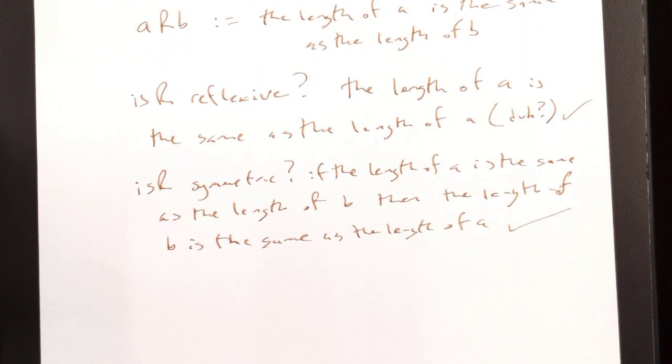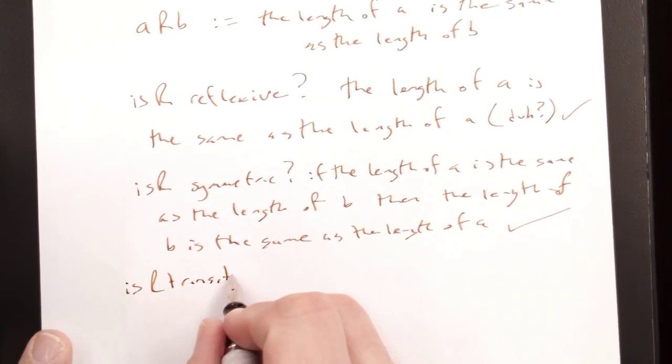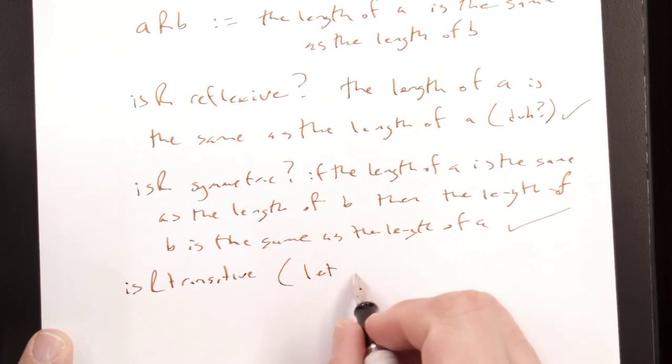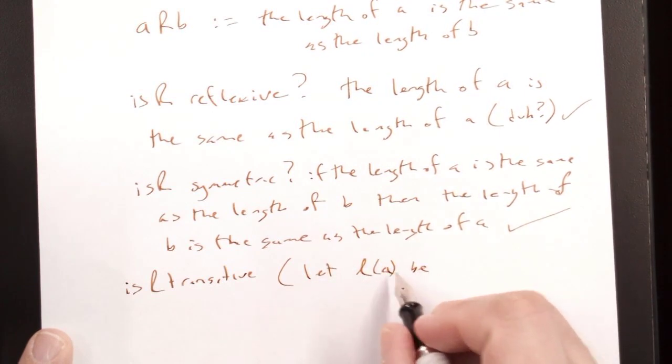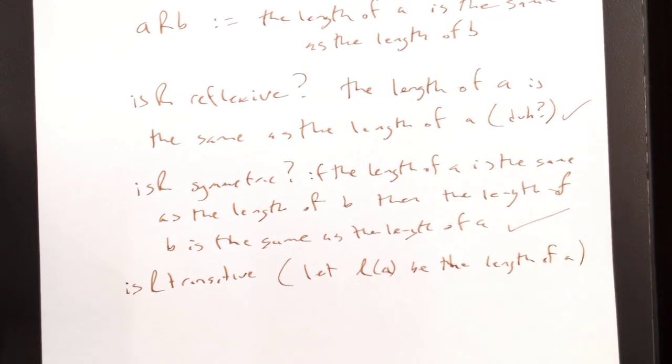Okay. How about transitive? Why? Same exact idea. I'm going to write a symbol. L of A is the length of the string A. I should have written this earlier because then I could make these statements much shorter.